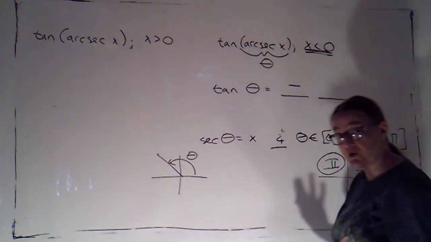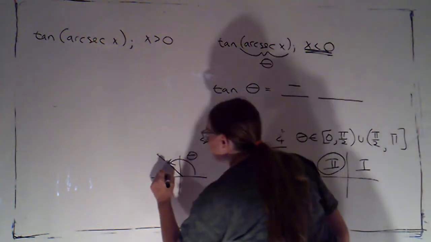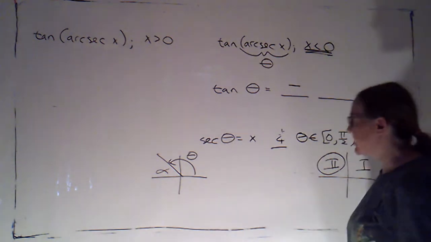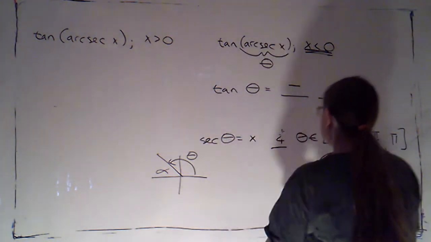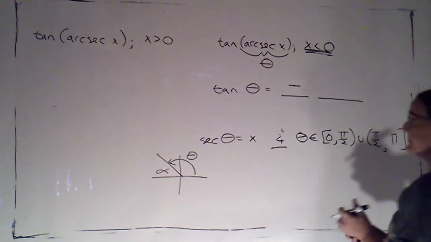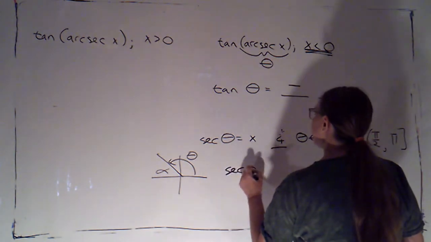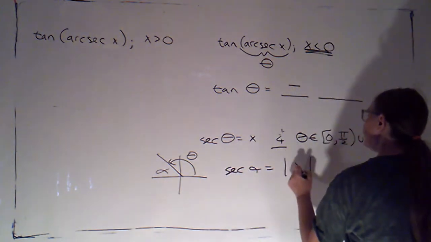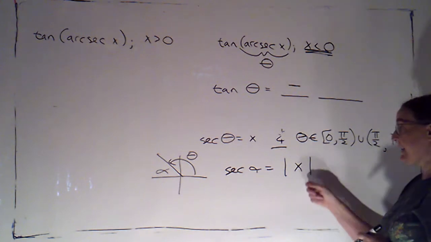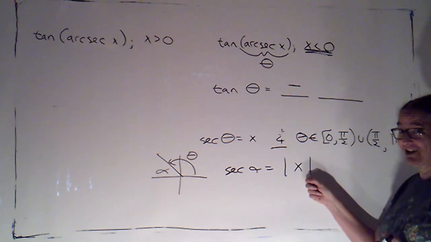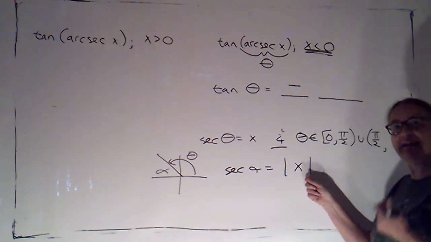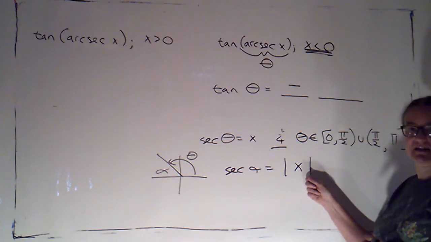I'm going to have an obtuse angle theta. The reference angle I'm just going to call alpha. Now what I know about alpha is that secant of alpha is the absolute value of x. And that absolute value is very important here because since x is negative, taking the absolute value changes the sign.